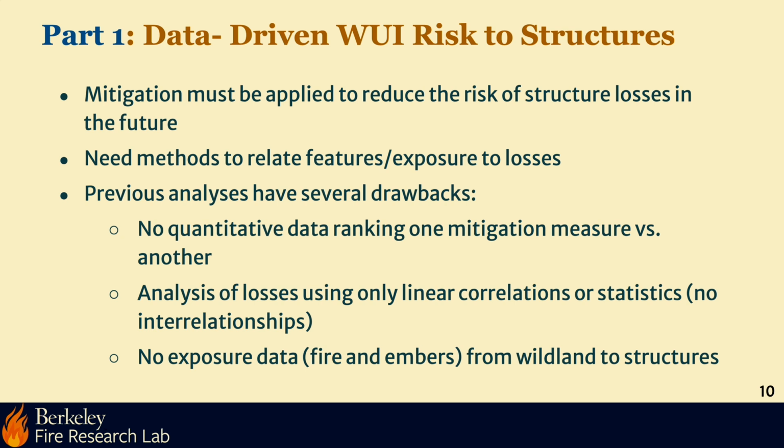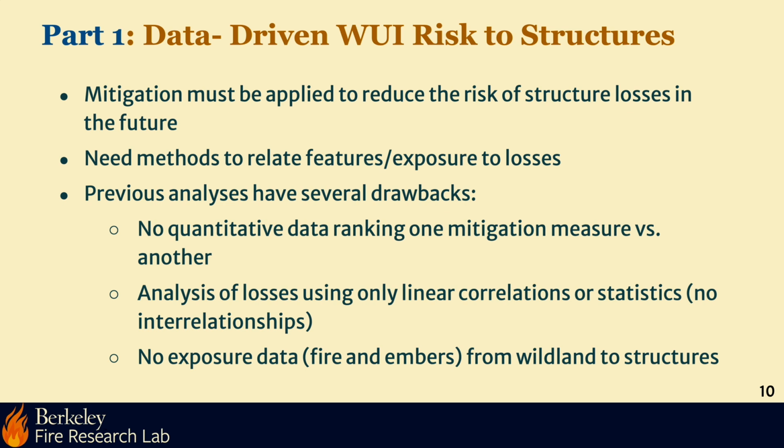So our challenge is, there's no quantitative data yet ranking this. And certainly there's, the data that we use, there's been some analysis in the past, but it's usually using linear analysis, correlations, or statistics. And these don't really capture the interrelatedness. So for instance, oh, I protected everything, I cleared everything, but I left my vents open.